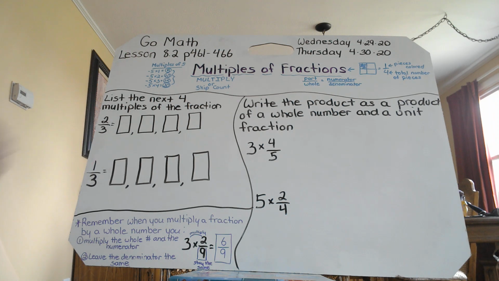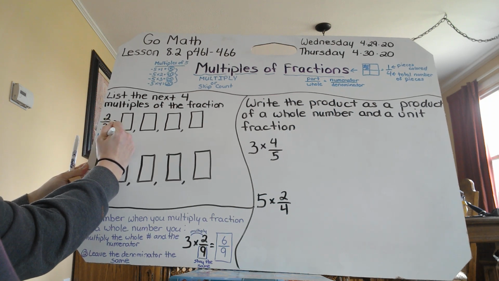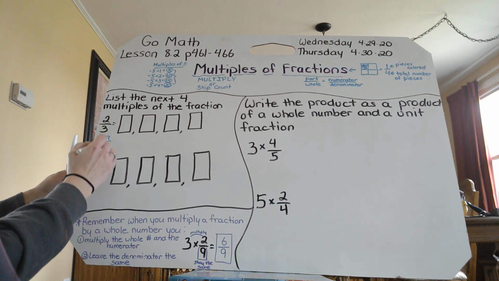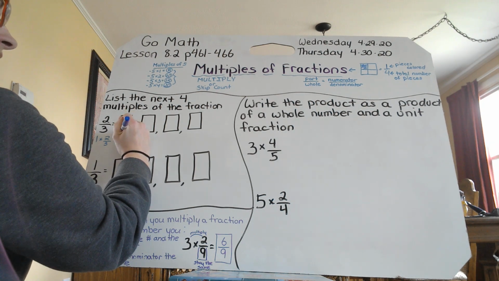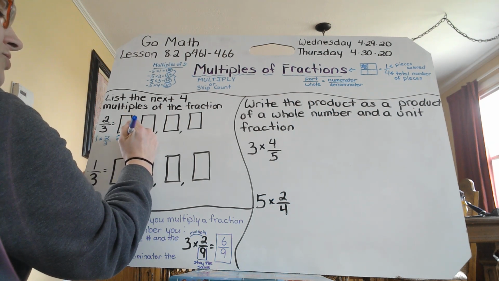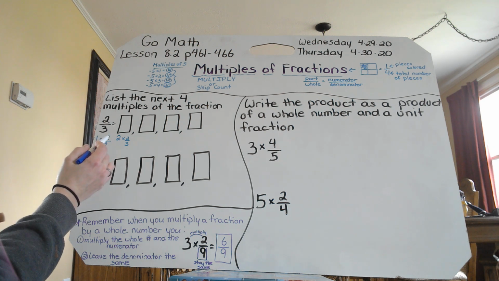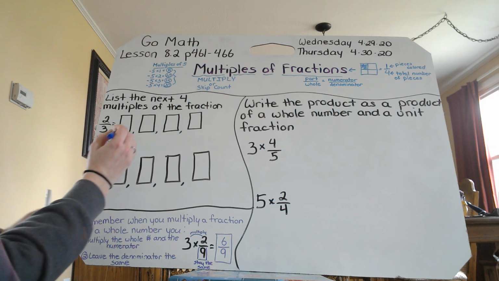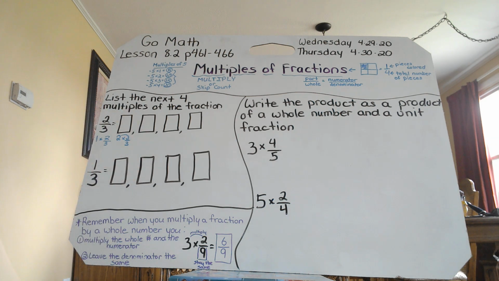So this guy, 2/3, this really is 1 times 2/3, because 1 times 2/3 does give us 2/3. So our next multiple would be 2 times 2/3. Now remember, and this is just a little refresher, some of you already know this and some of you've already been doing this, but when we multiply a fraction by a whole number, we multiply the whole number by the numerator.